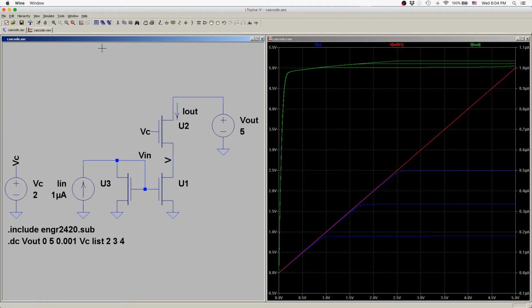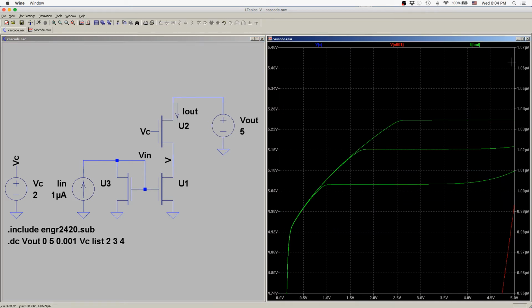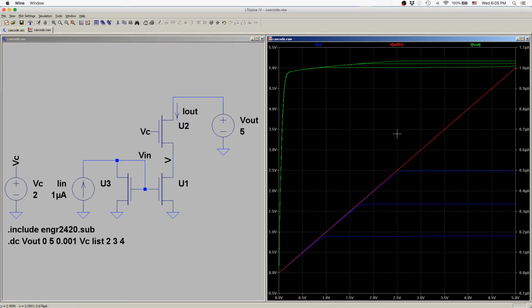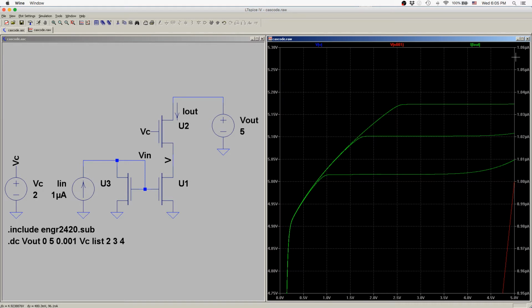And so let me also zoom in on output current here. No, that's not what I wanted to do. It's also zooming in on that.